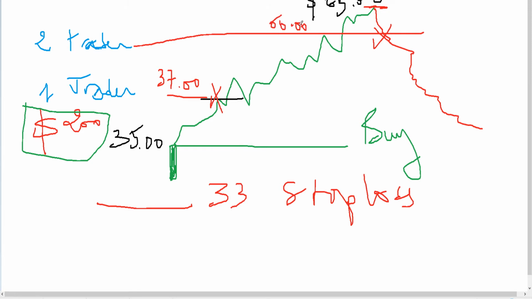Now $60 from 35, he has made $2,500, and this guy has made only $200.